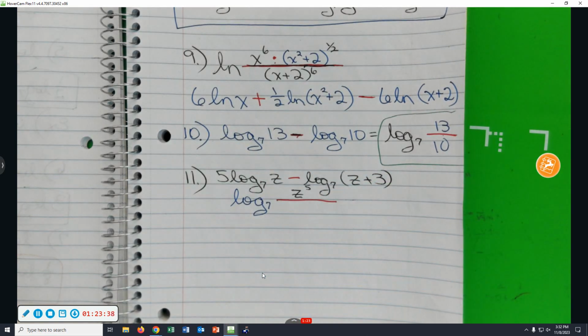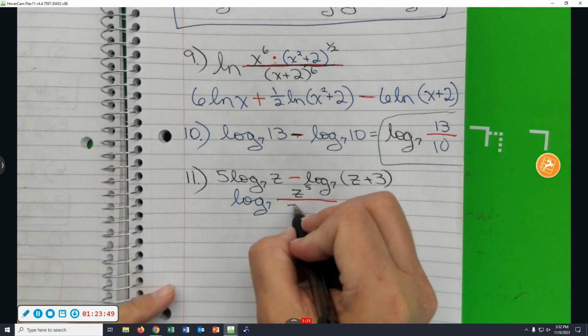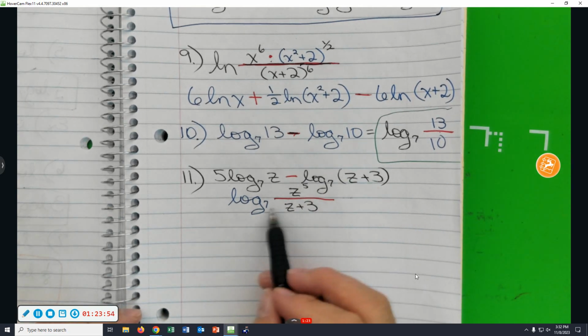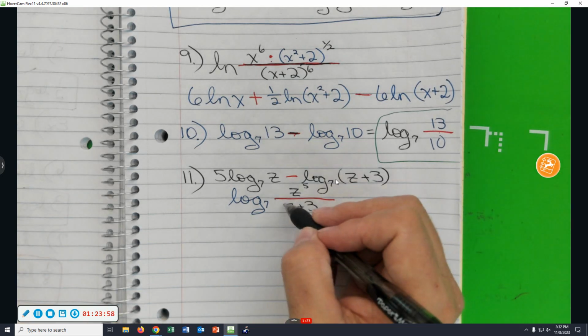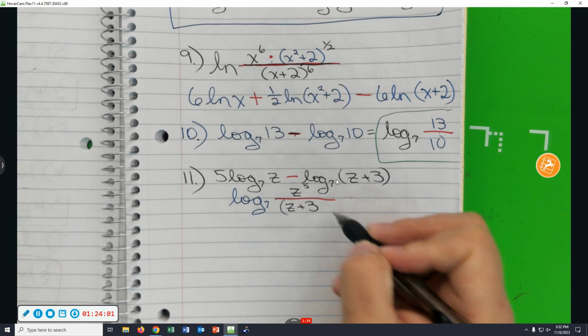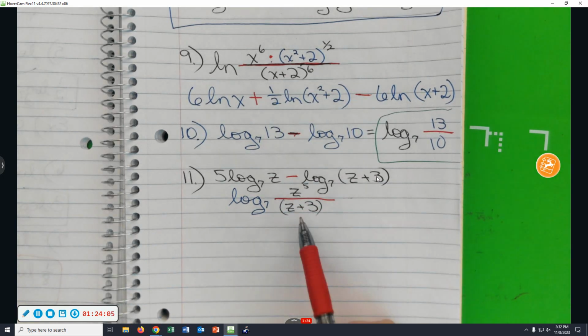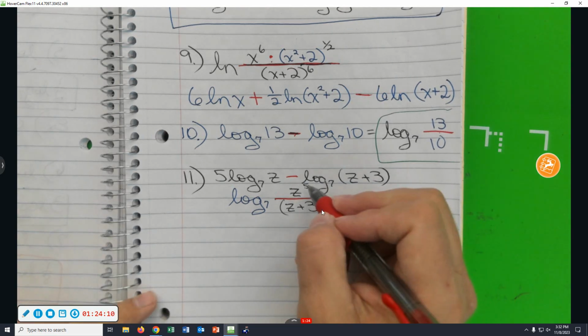No. And on the bottom, just z plus 3. Normally I would enclose the z plus 3 in parentheses, but since it's all there under the bottom and there's nothing else to multiply it by or a power, you don't have to. But it wouldn't be wrong to type it in parentheses. If you have the parentheses in your answer, that's fine.